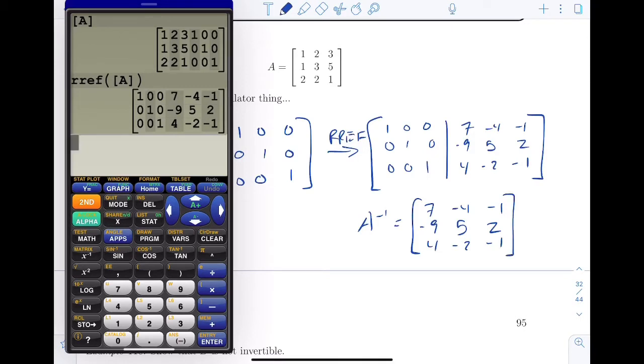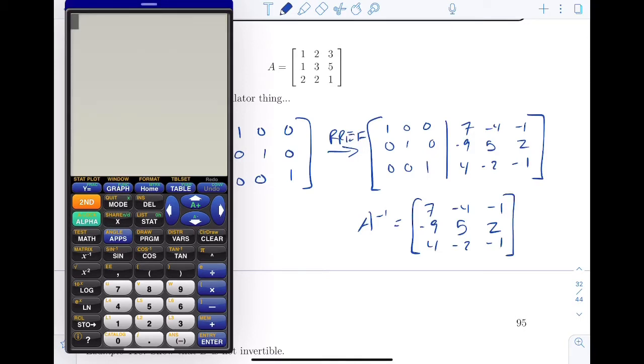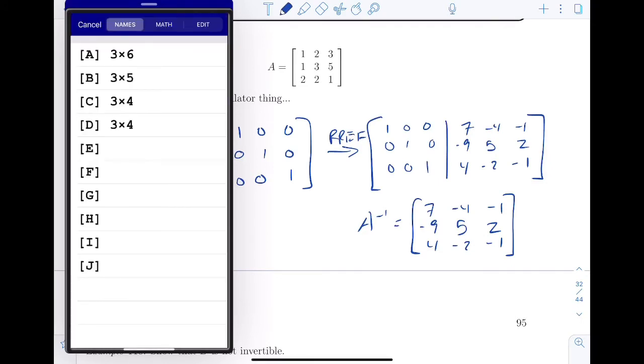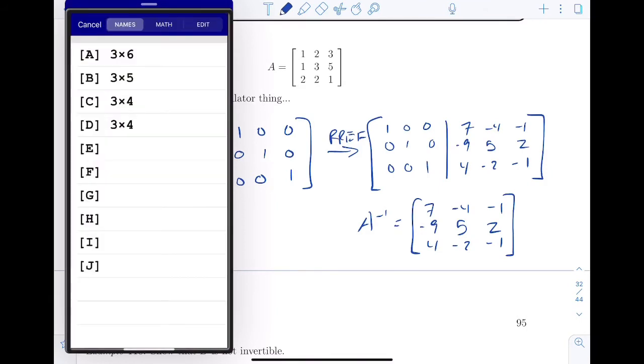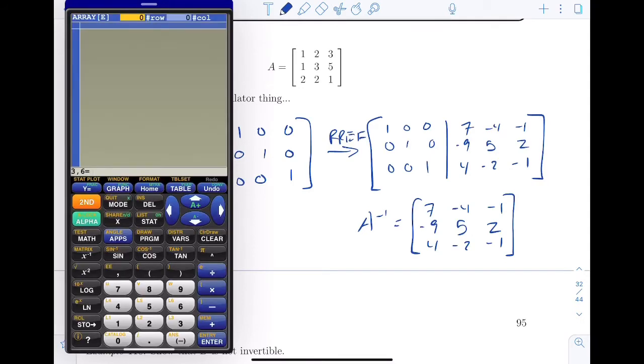Now, as I recall, our calculator will actually do a little bit more than that. Let me just try this. Let's make a new matrix E. Let's edit matrix E, and I want it to be a 3 by 3. And let's just enter A in there: 1, 2, 3, 1, 3, 5, 2, 2, 1.